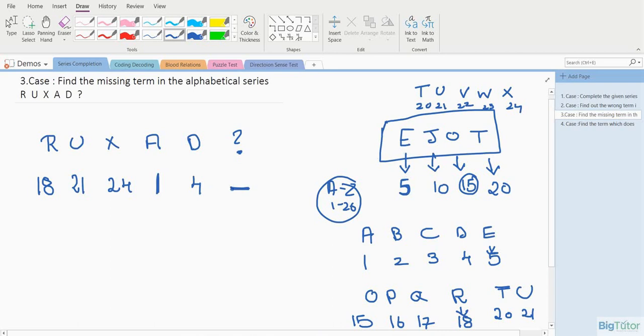So now we have successfully converted an alphabetical series into a numerical series. Now we will find the pattern followed by this series and find the missing term.